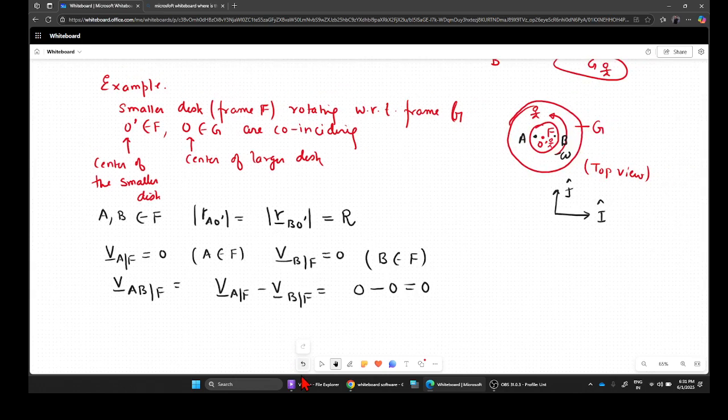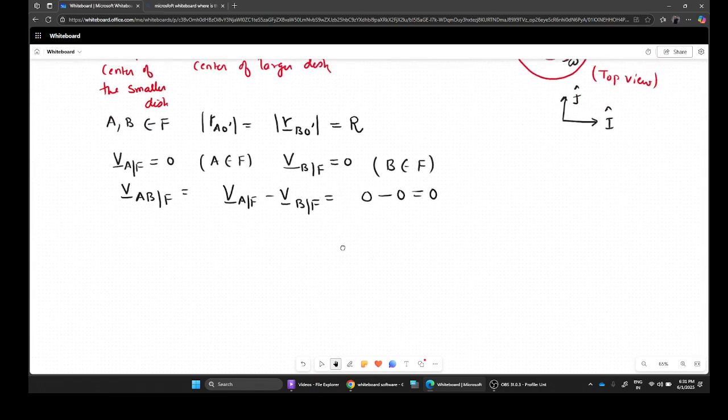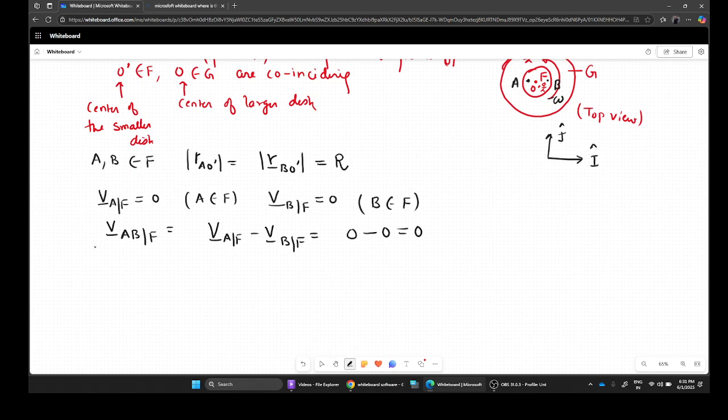In contrast, now let's have a look at what is VAG. VAG will be omega R times minus J at this very instant, right? The disk is rotating counterclockwise as seen by the observer fixed in G. What will be VBG?